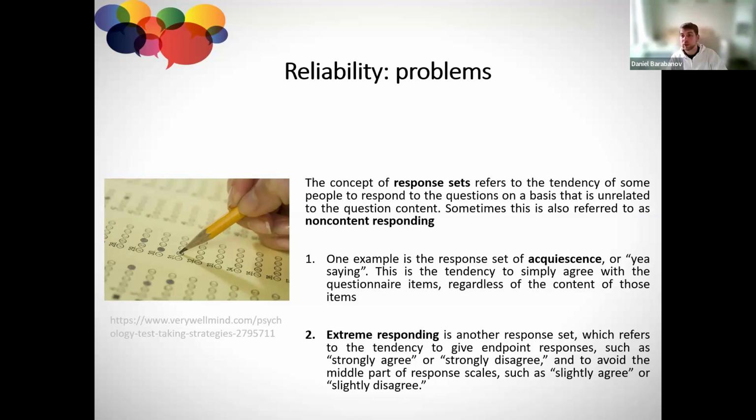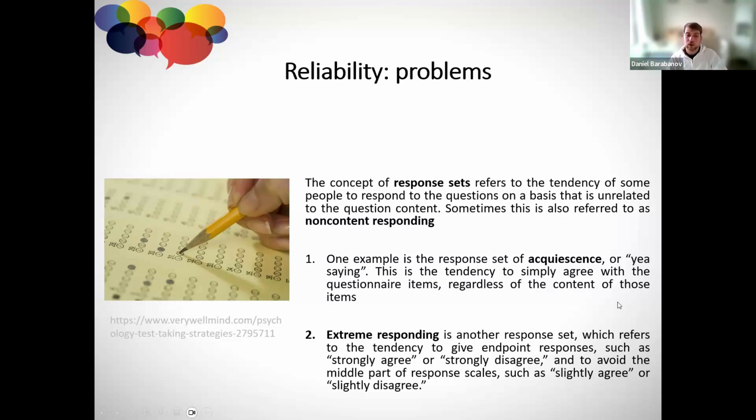Another problem from this aspect is extreme responding. Some people tend to answer strongly agree or strongly disagree, polar answers, which also influences the overall results of measuring reliability.